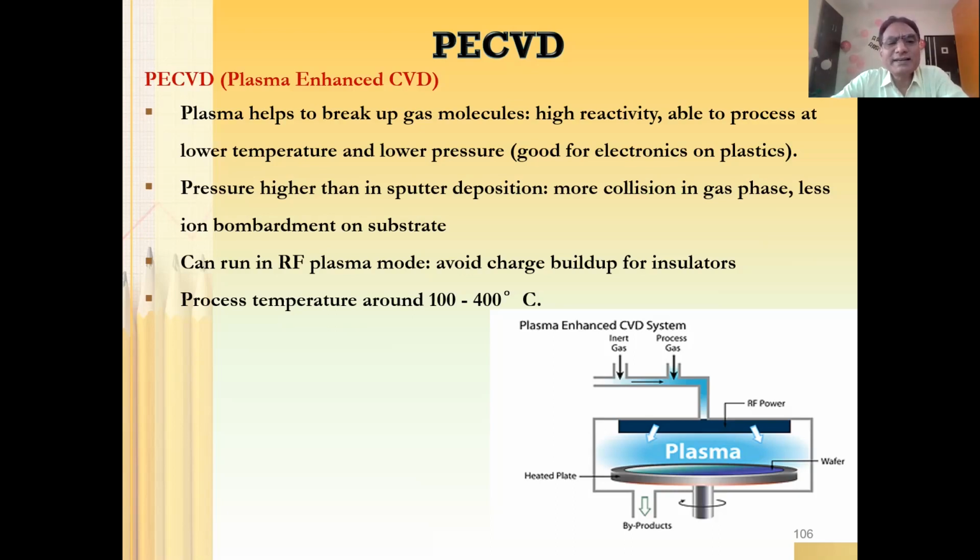The pressure is higher than in sputter deposition, with more collisions in the gas phase and less ion bombardment on the substrate. So what happens? The pressure is going to be higher as far as PECVD is concerned than sputter deposition, and as a result more collisions will be there in the gas phase and less ion bombardment on the substrate is going to take place.